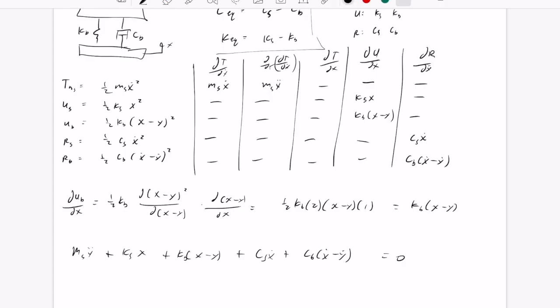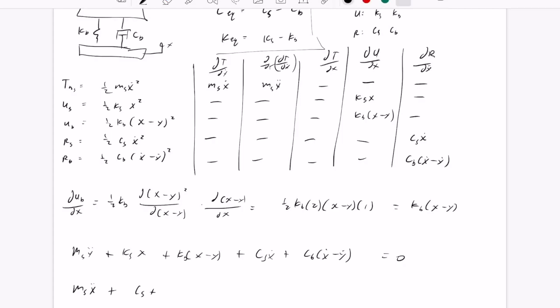Okay, we're going to collect the x's on the left and the y's on the right. So we're collecting our system's response plus k_b x plus, I'm going to shift these around so it's in the right order.